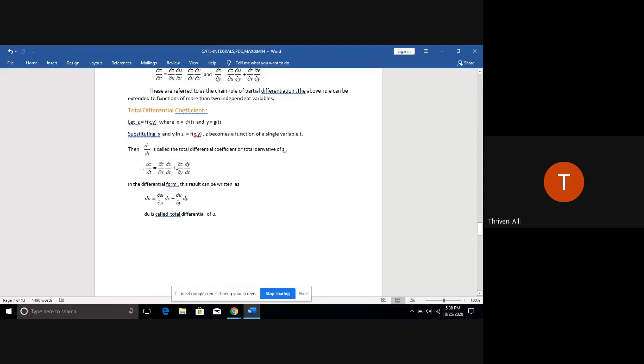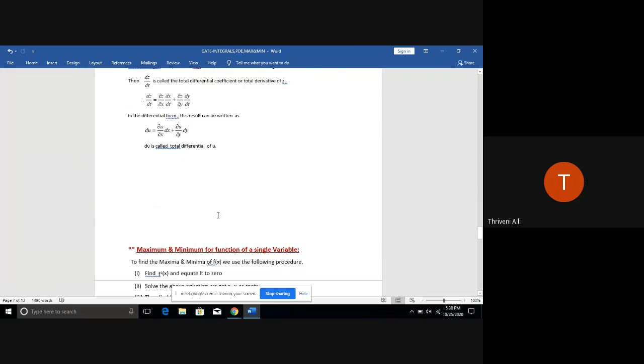In the differential form, the result can be written as du equal to dou u by dou x into dx plus dou u by dou y into dy. So du is called the total differential of u.